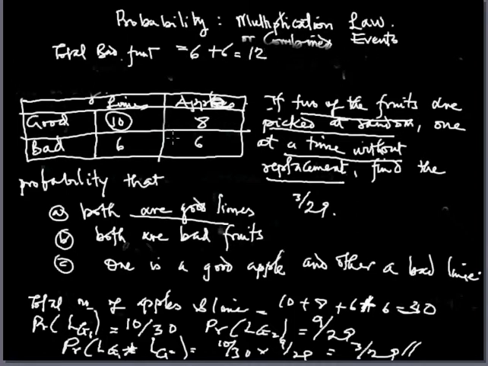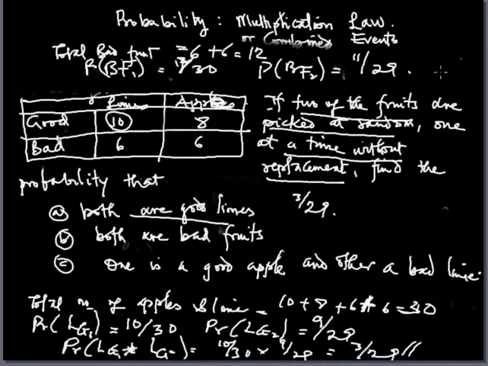Then the probability of the first bad fruit is going to be 12 over 30. The second bad fruit is going to be 11 over 29.